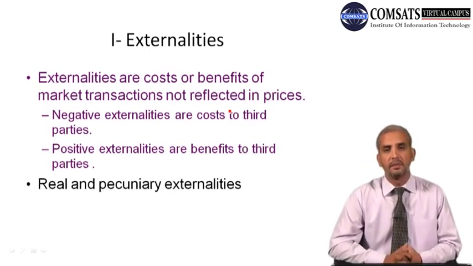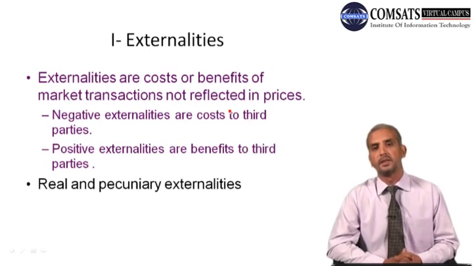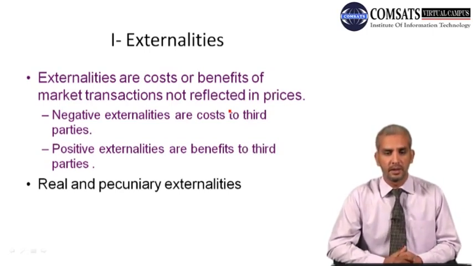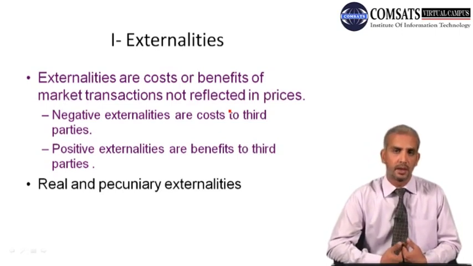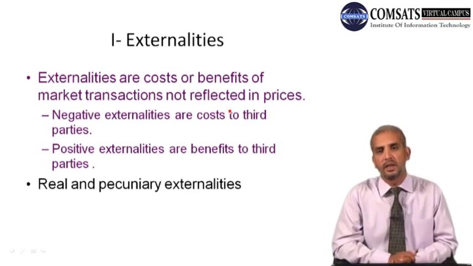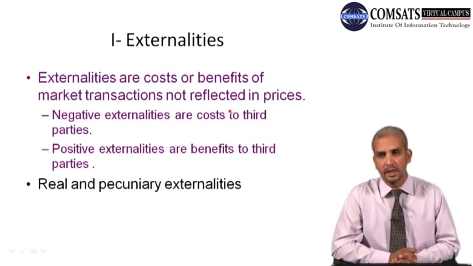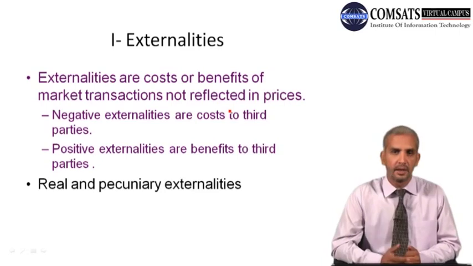Another example can be if I get a vaccination. If I get a vaccination for maybe flu, that would protect me from that disease, but it also takes me out of the potential carriers of that disease. So there is a lesser chance of people being infected through me.